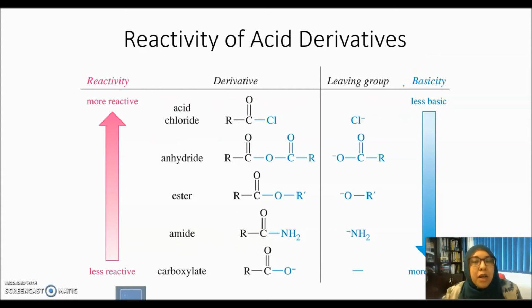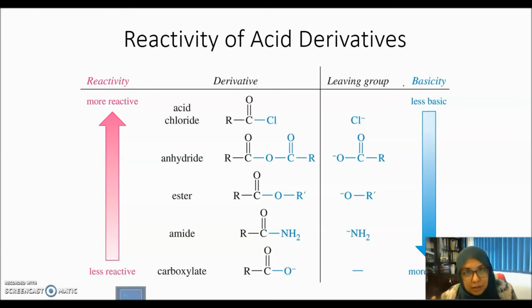Now, among all of these, the most reactive one is acid chloride. The most reactive one is acid chloride. So essentially, if you are making an ester, then your acid chloride will react faster than carboxylic acid. So when we know that acid chloride has higher reactivity, acid chloride will be chosen.